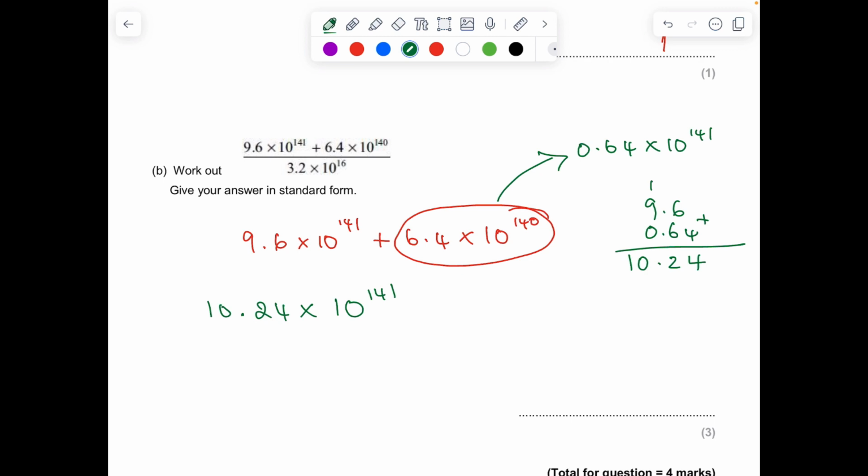So remember, when you're adding and subtracting, the indices stay the same. We don't do anything to those. I've just made them the same, and I'm then able to just add the decimals, and I'm dividing by 3.2 times 10 to the power of 16.